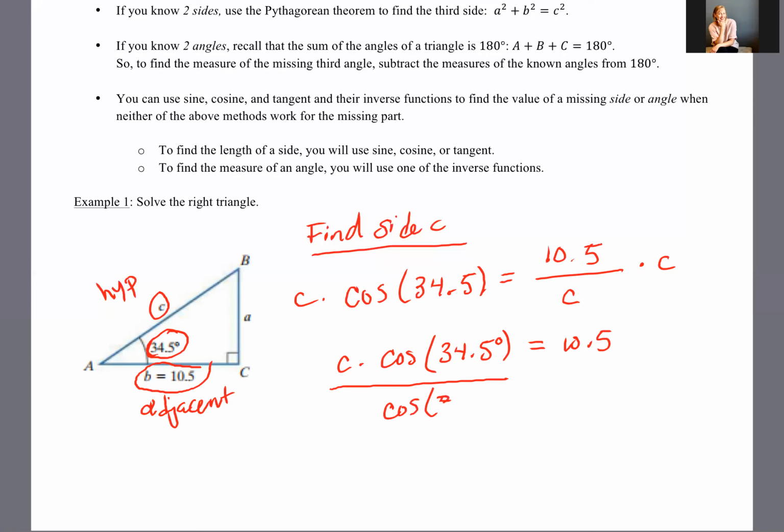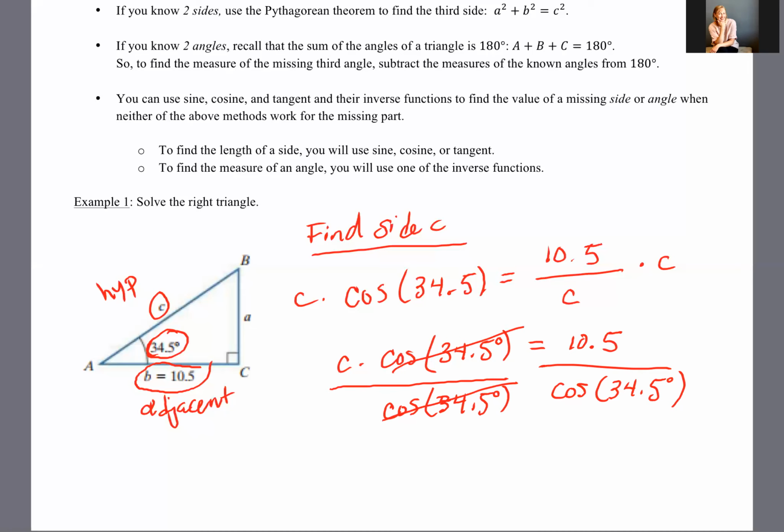Divide by the cosine of 34.5 degrees, divided by the cosine of 34.5 degrees. Okay. Let me rewrite that. This is 10.5.